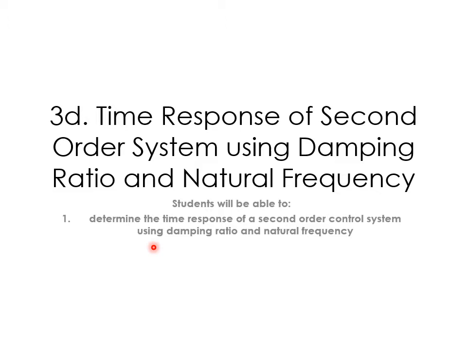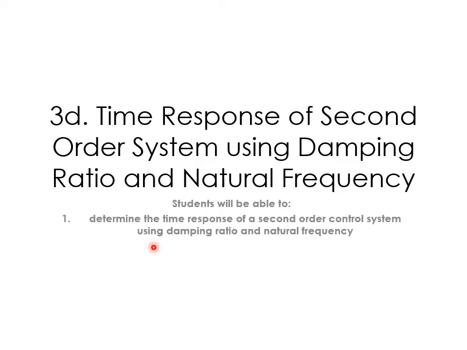By knowing the poles, it was very convenient because we can estimate how the time response will look for first order and second order systems. But now, particularly for second order systems, there is another notion that can be included, which we call the damping ratio and natural frequency, right?